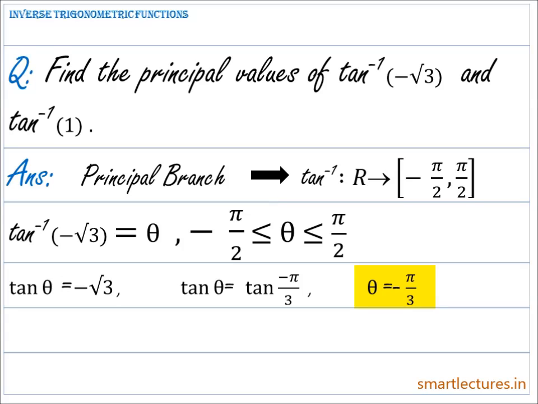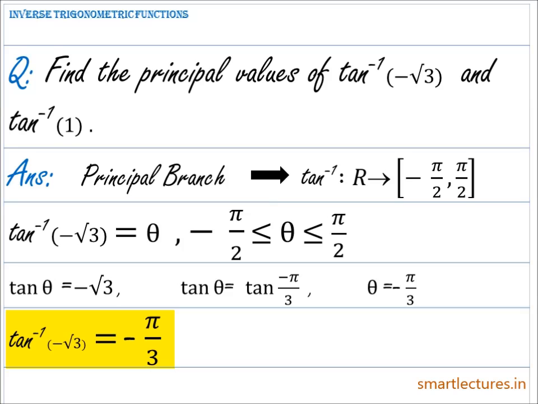And tan inverse minus under root 3 is equal to theta. So tan inverse minus under root 3 is equal to minus pi upon 3, and this is the principal value of tan inverse minus under root 3.